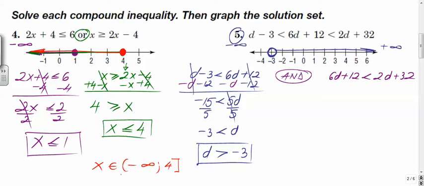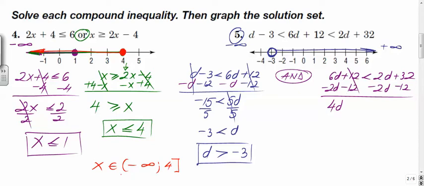Next problem, 6d plus 12. I will keep my d in the middle, right? I will take 2d away from both sides. And I'm going to subtract 12 from both sides. Okay, 6d minus 2d, 4d. Is there such a 4d out there?